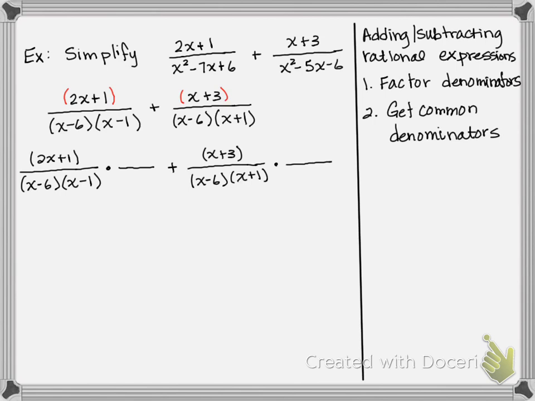I always start by identifying what factors they have in common, because those factors I don't have to worry about. If they have a factor in common, then neither of them needs that factor. So they both have a factor of x minus 6. And then that first fraction has a factor of x minus 1 that the second one does not have. So I'm going to need a factor of x minus 1 over here.